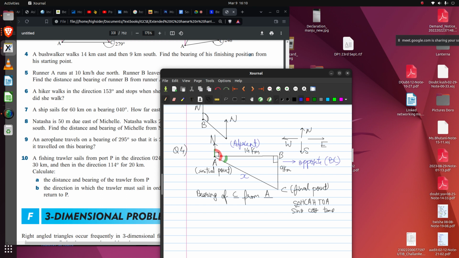So now, which should I use? You can use tan theta. So write that. You should write tan A is equal to opposite side, which is 9, and adjacent side, 14. And now I'll go to my calculator and do what?